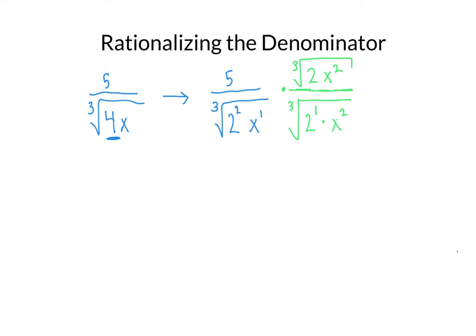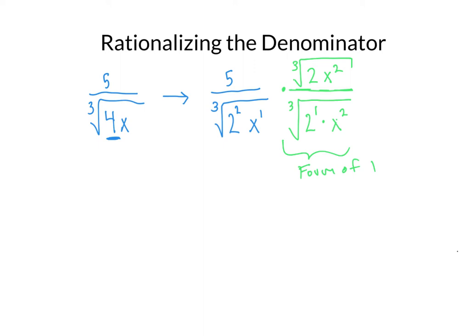Now we can't just cube both sides of the equation because cubing something is not a form of 1. Okay, so it has to be multiplying an entire equation by the numerator and denominator, and that is 1. Okay, so let's write that here. This is a form of 1.